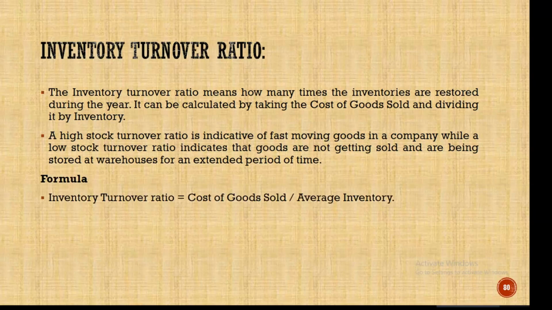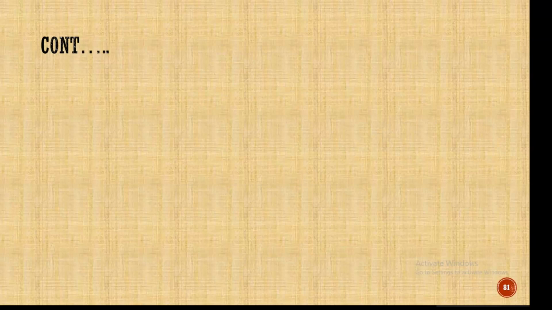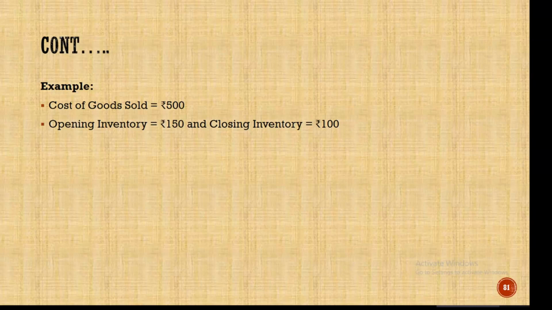Formula: inventory turnover ratio is equal to cost of goods sold divided by average inventory. For the calculation of average inventory, we will use a formula, that is opening inventory plus closing inventory divided by 2. Example: cost of goods sold rupees 500, opening inventory is rupees 150, and closing inventory given is rupees 100.